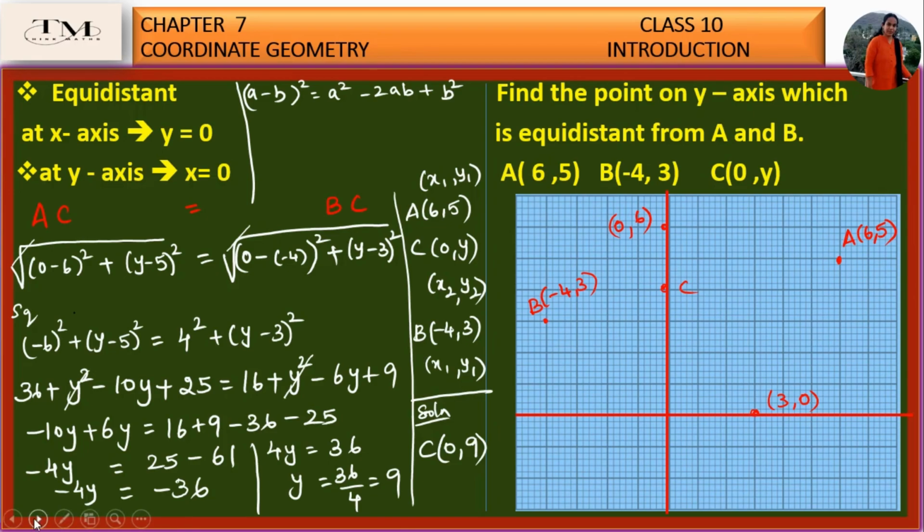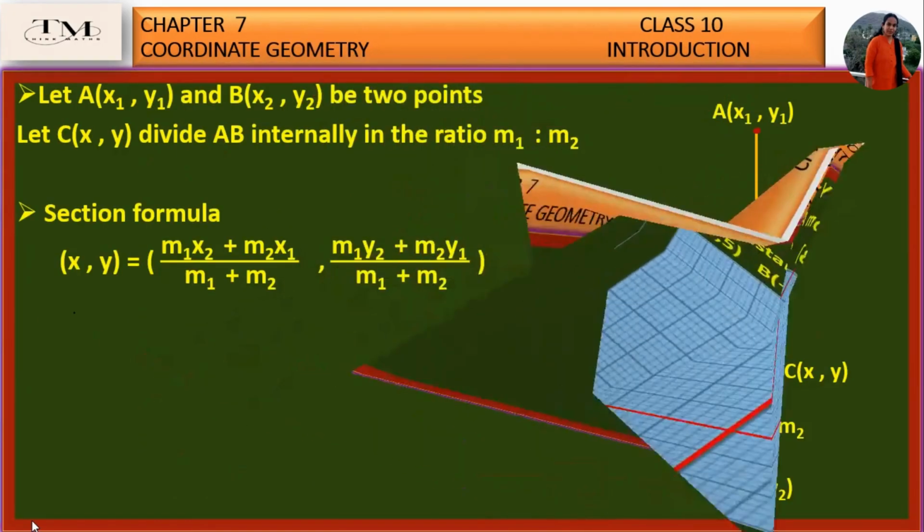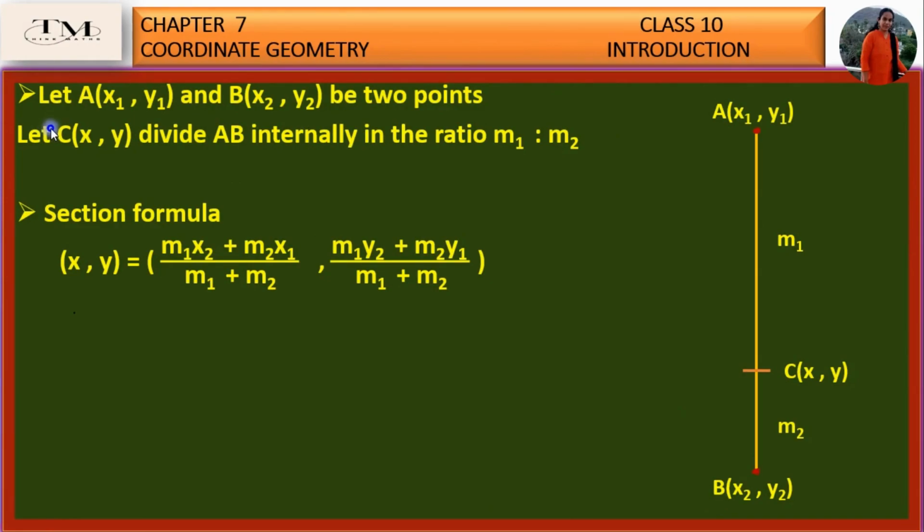So moving on to the next page for the next topic. So we have moved to the last part of this introductory part. So suppose there are 2 points, A of (x1, y1) and B of (x2, y2). So there is a point C (x, y). So this C divides AB internally in the ratio m1 is to m2.